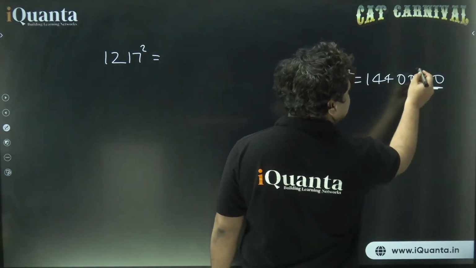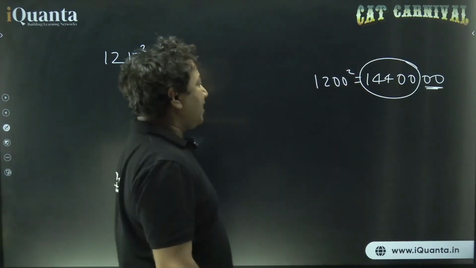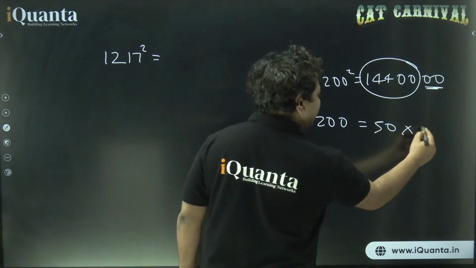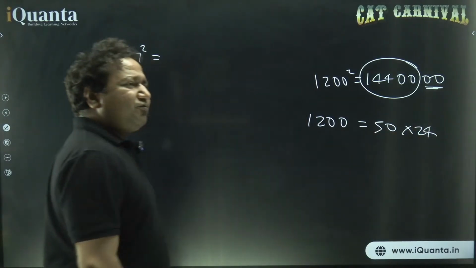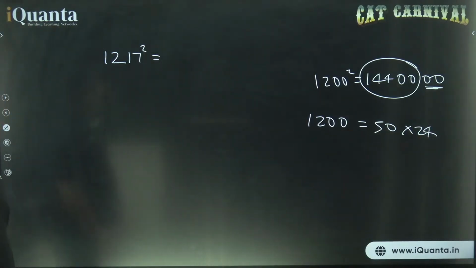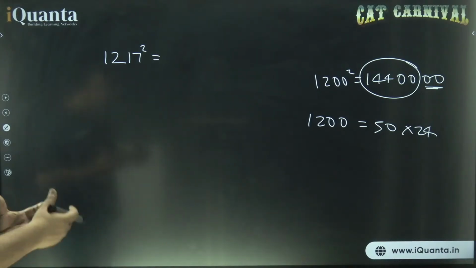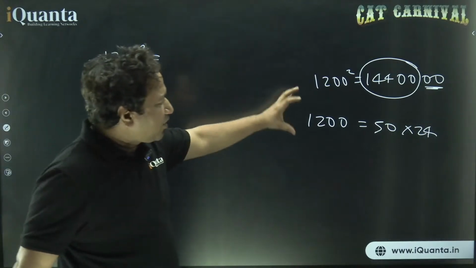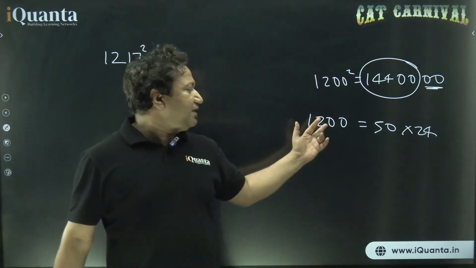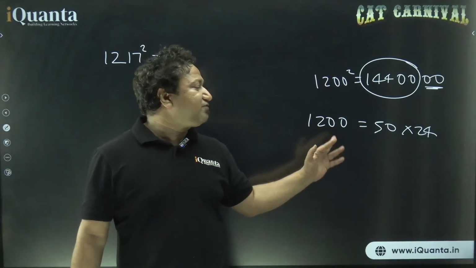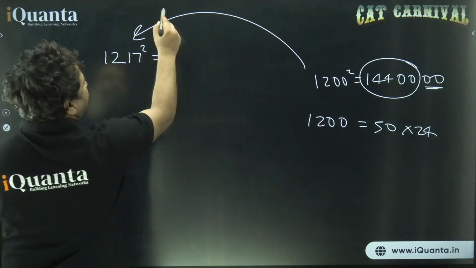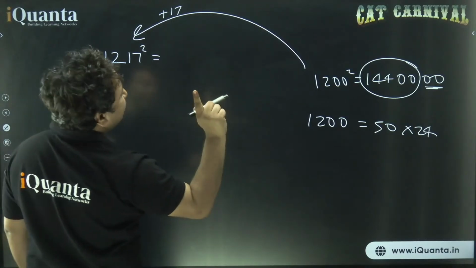And 1200 is what multiple of 50? It is the 24th multiple of 50. I'm avoiding 4 digits because I don't want you to have information overload. But because you asked, I'll do it. See how to do it quickly in mind. 1200 is the 12th multiple of 100, which means it is the 24th multiple of 50. This is 17 more. So all we do is multiply 24 with 17.